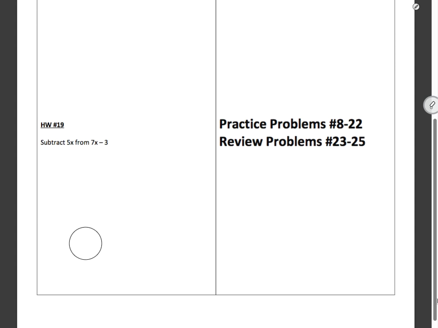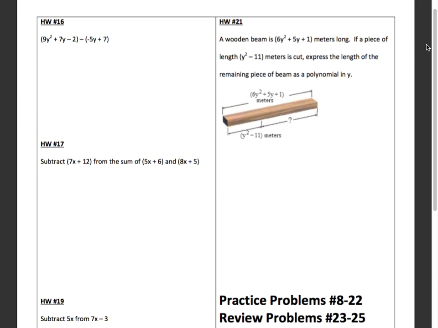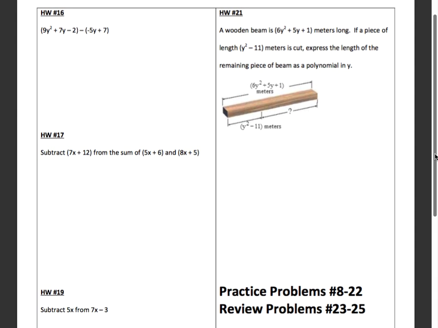All right, and finishing this up, number 21. Number 21 says that a wooden beam is 6y squared plus 5y plus 1 meters long. If a piece of length y squared minus 11 is cut, express the length of the remaining piece.